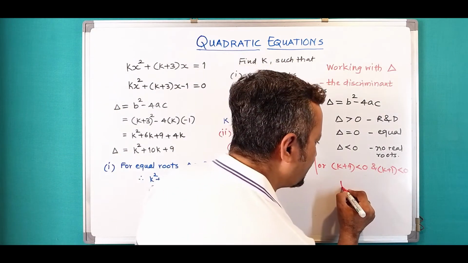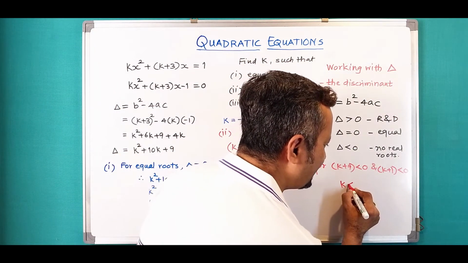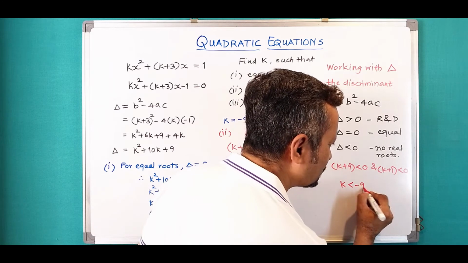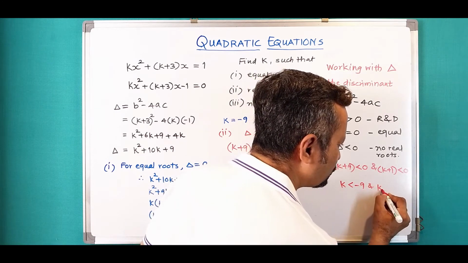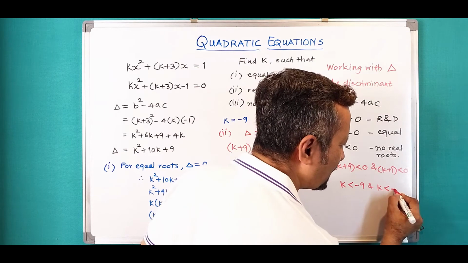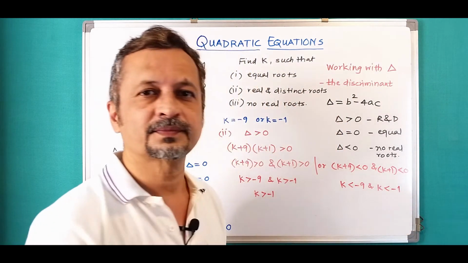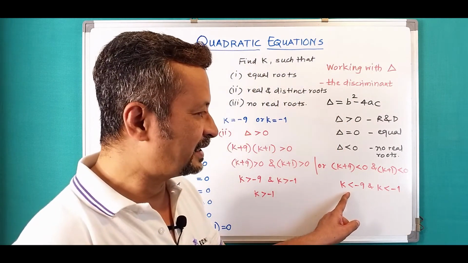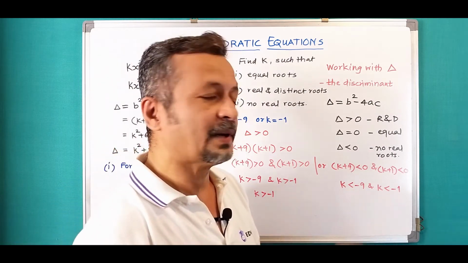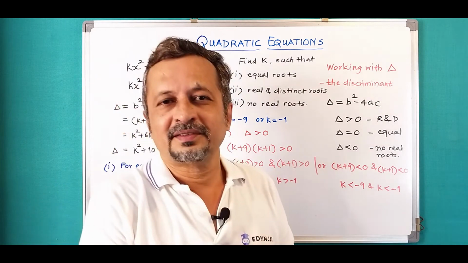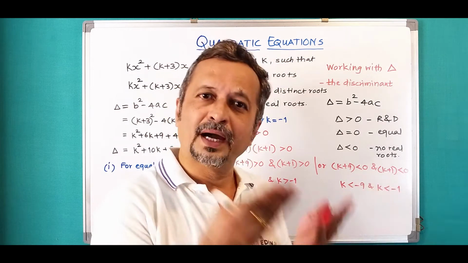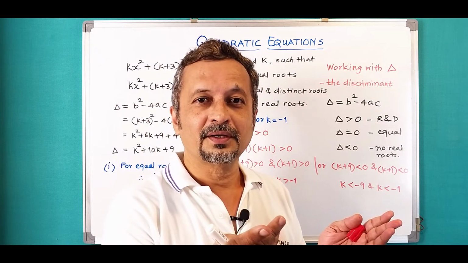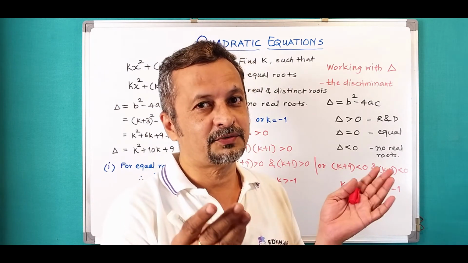So k should be less than minus 9 and k should be less than minus 1, right? K is less than minus 9, k is less than minus 1. But imagine something less than minus 1. Minus 2 is less than minus 1.